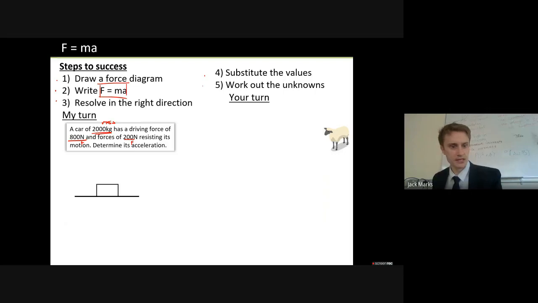So first step, the diagram. Draw a plane, which could be the road, and a box. Really, it's a particle, so you could draw it like that, or you might draw it like that. It's the same thing. Now, straight down, this is a force diagram. There is a force acting down. What force pulls the car down? Why can't the car just float around? Well, it's weight.